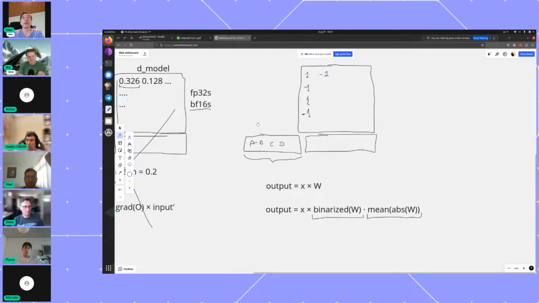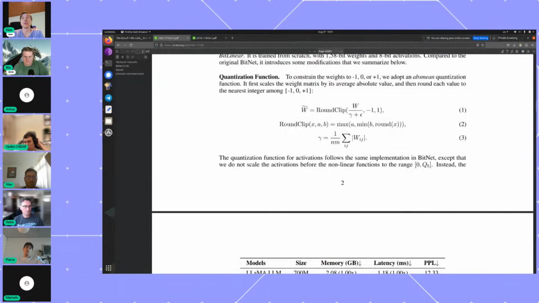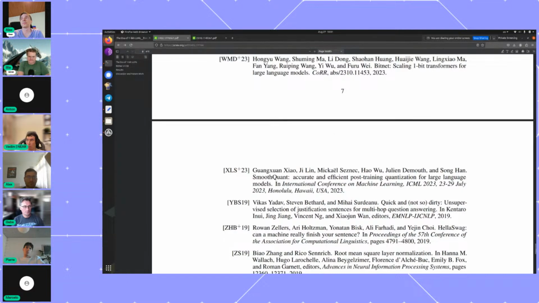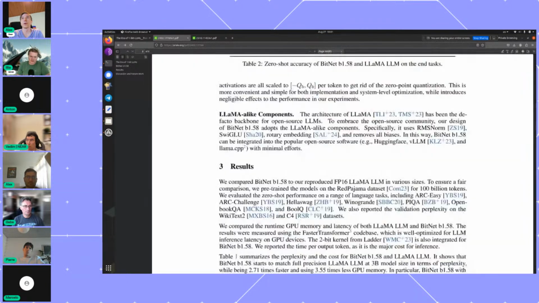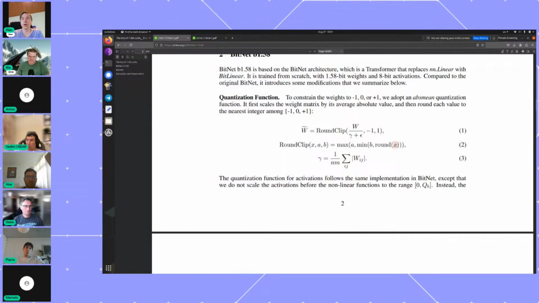And they simplify the computation. They do not subtract the mean anymore, you will notice. So they do round clip, where x here would be a single weight.